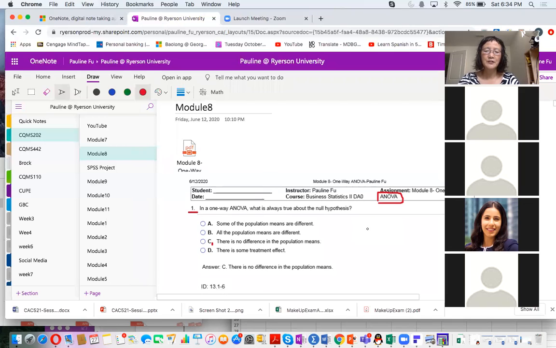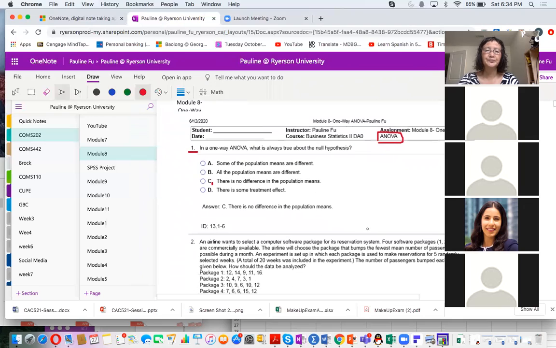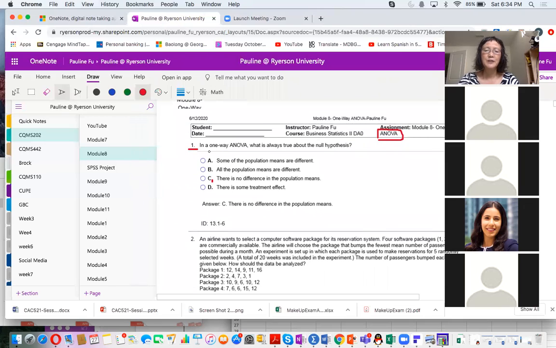So let's go over some questions. The first question is very basic. In one-way ANOVA, what is one way? One way means one factor. In the example I gave you, we have 3 different sessions of CQMS 202.